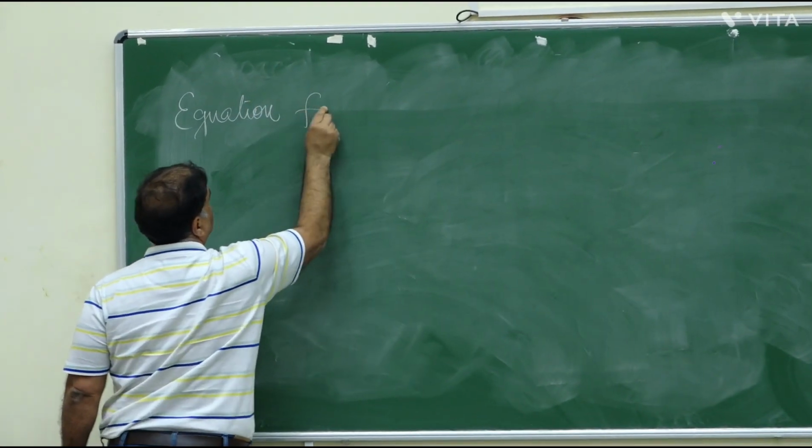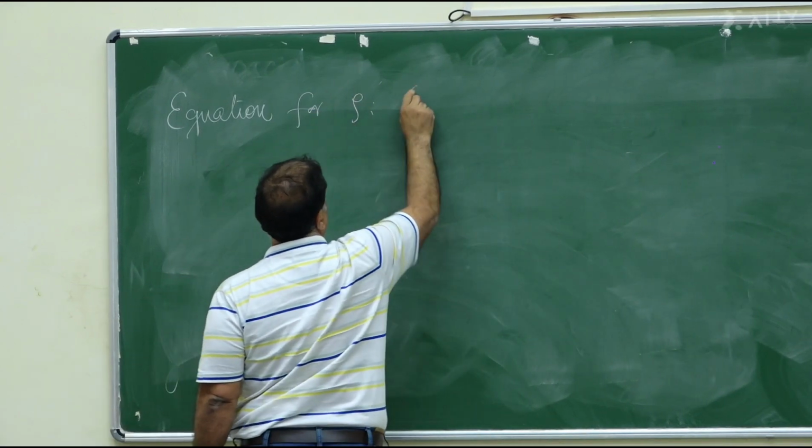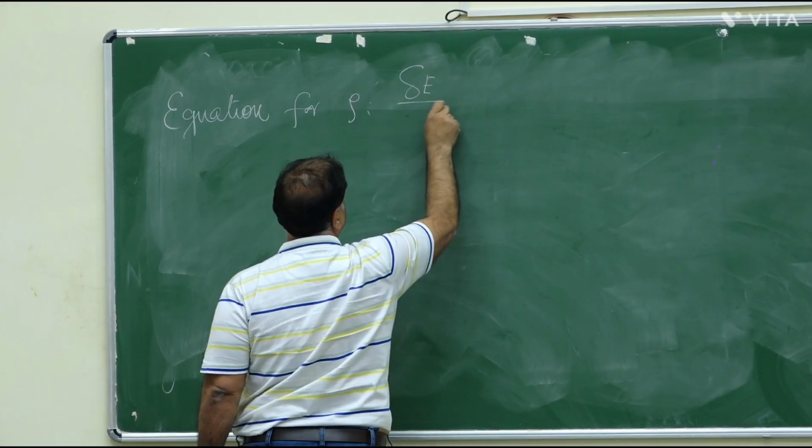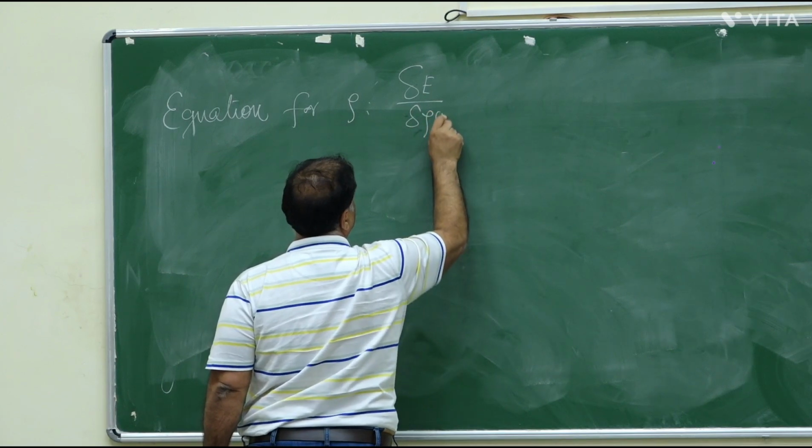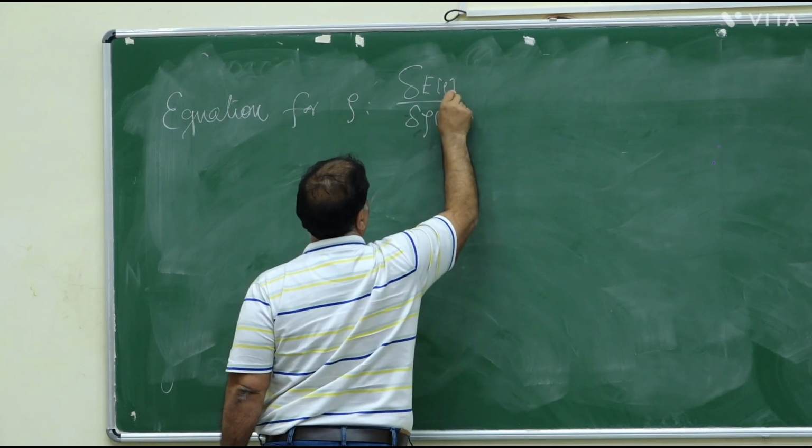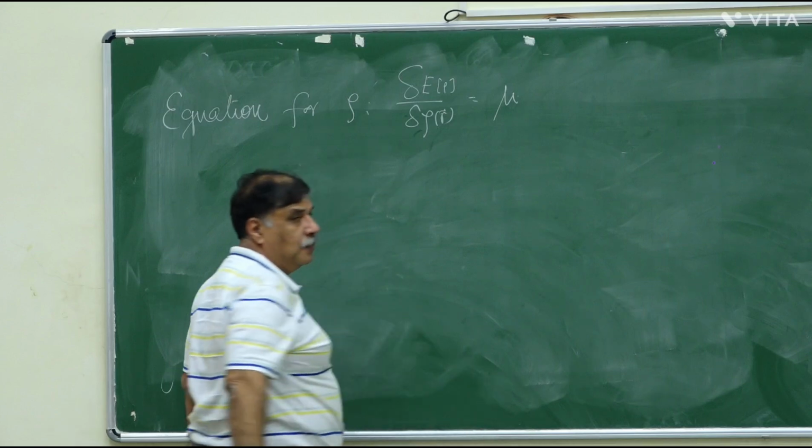The equation for the density was the functional derivative of E[rho] equals mu.